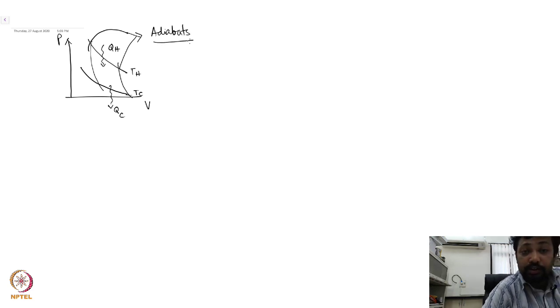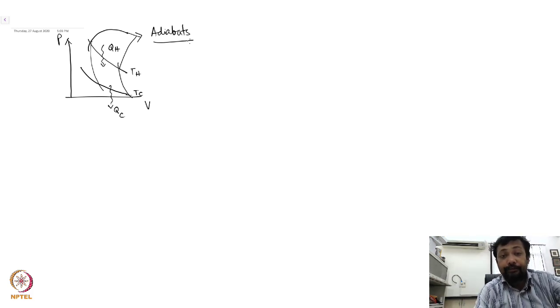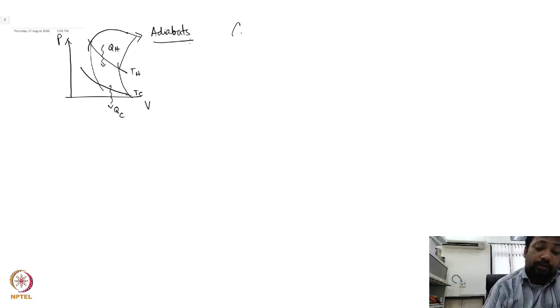These two are adiabats, and therefore there is no heat exchange that is allowed. So this is the simplest form of a Carnot engine.